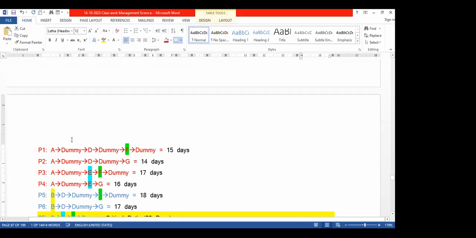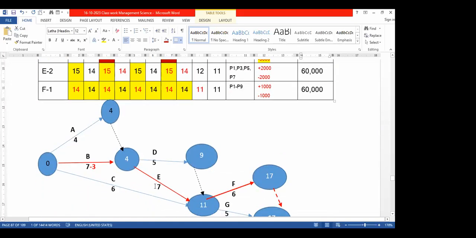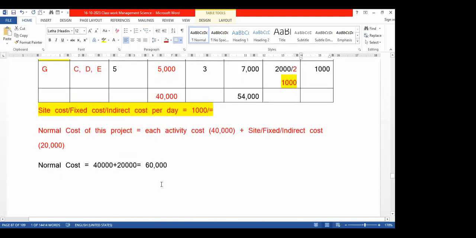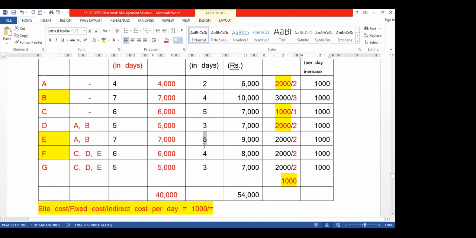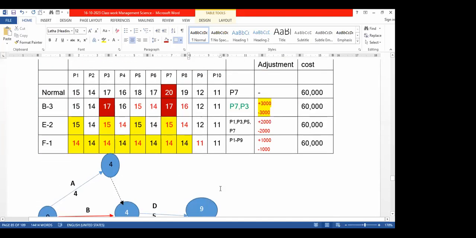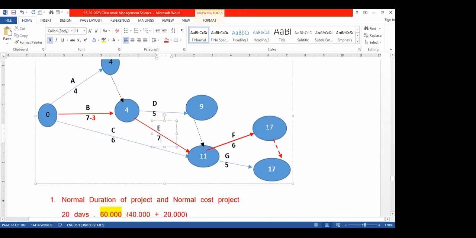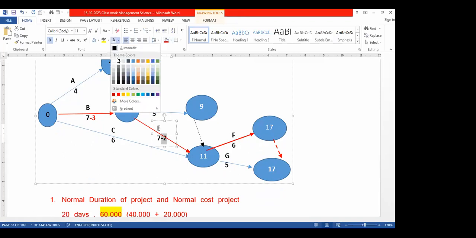Then if you take the critical path, it is E. How many days can we reduce E? 2 days we can reduce. 7 becomes 5. So I'm going to reduce E by 2 days. What will happen? Minus 2 days. Then you can observe the changes.